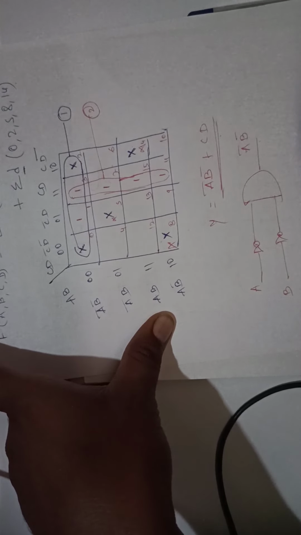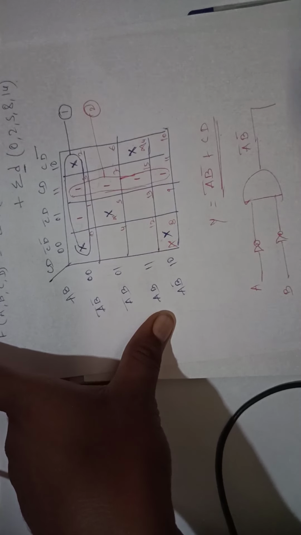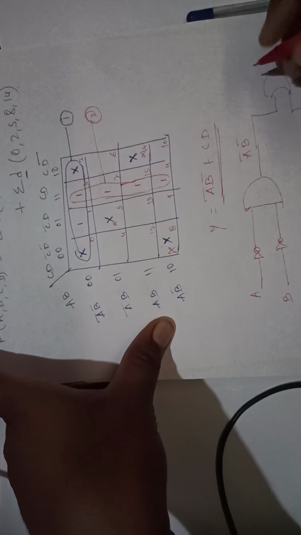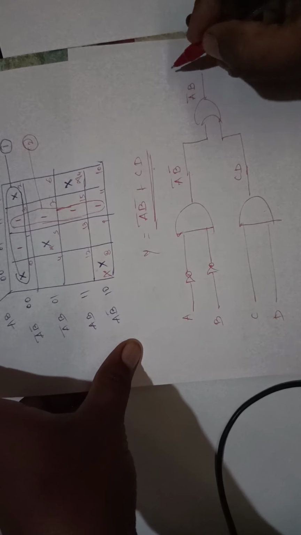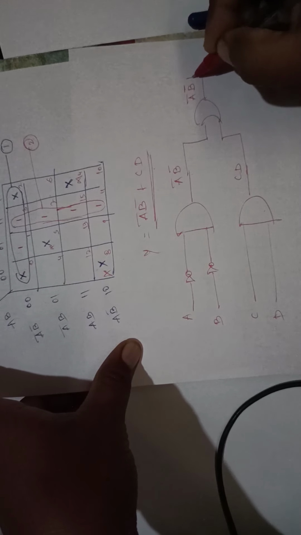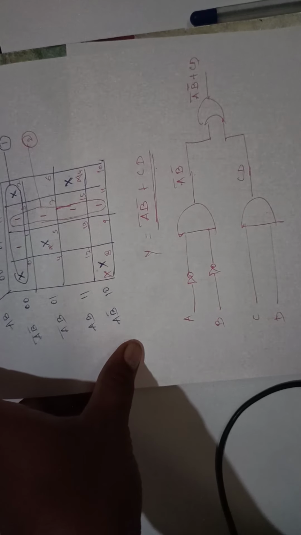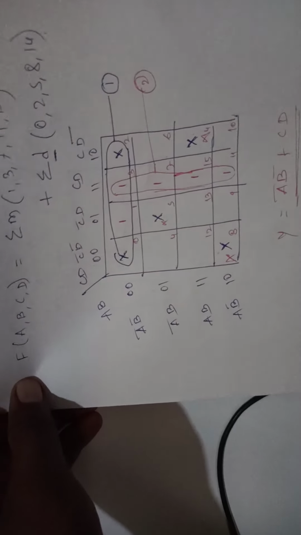That will be connected to an OR gate, and the answer is a bar b bar plus c d. Okay, I hope you cleared that concept.